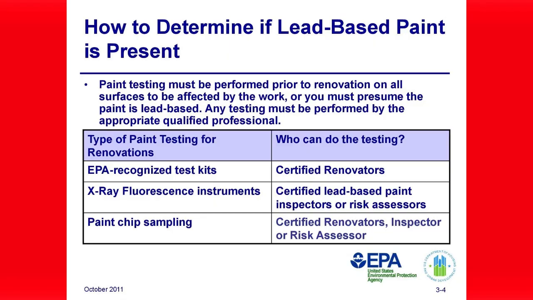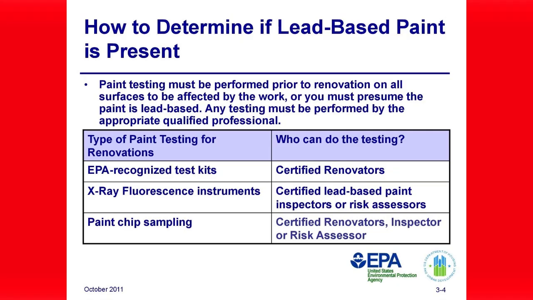How to determine if lead-based paint is present? Paint testing must be performed prior to renovations on all surfaces to be affected by the work, or you must presume the paint is lead-based. Any testing must be performed by an appropriate qualified professional. As you can see in this slide, types of paint testing for renovations.